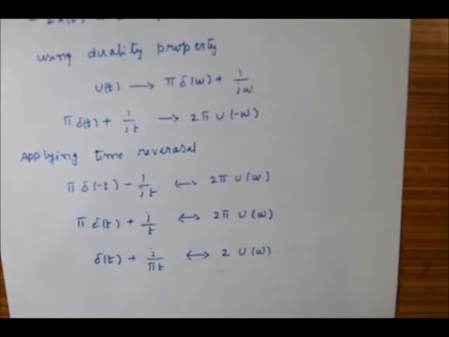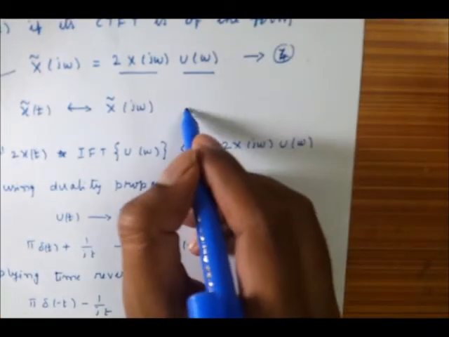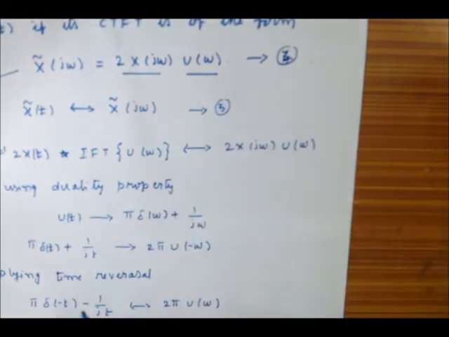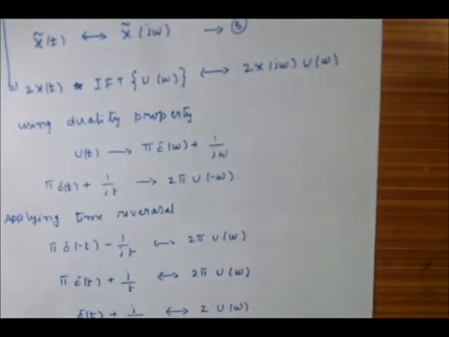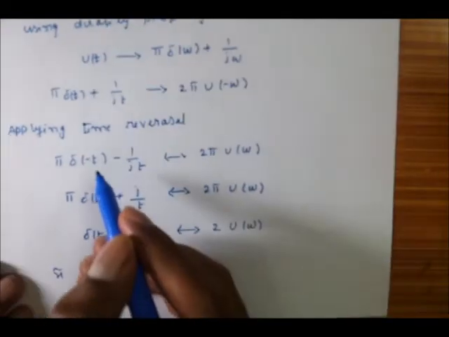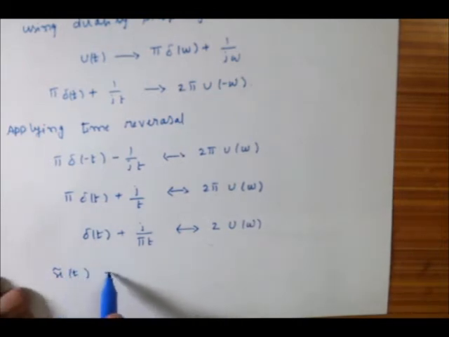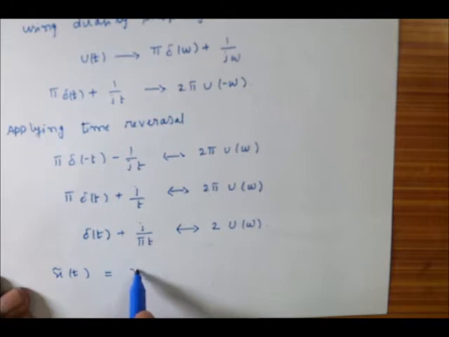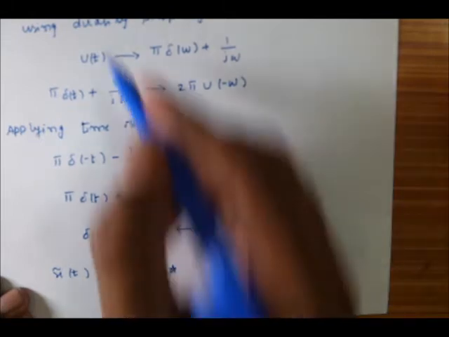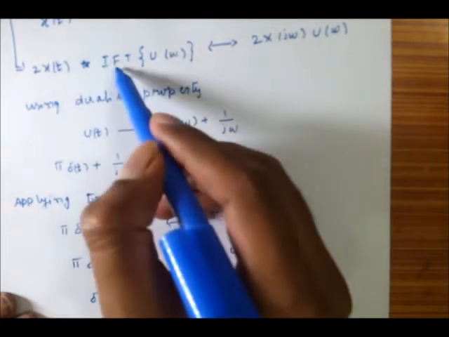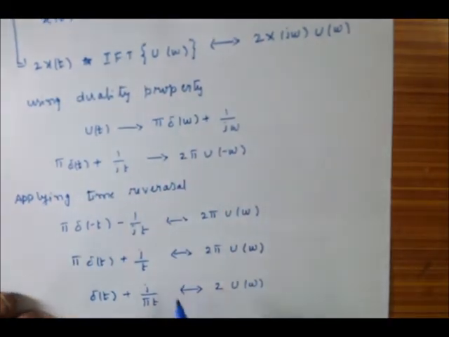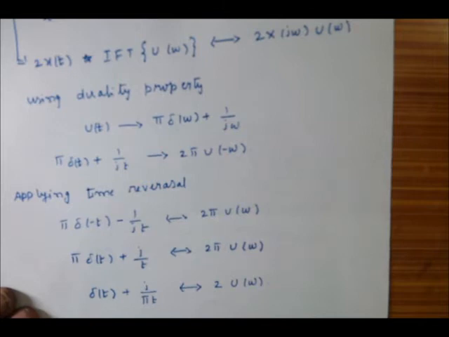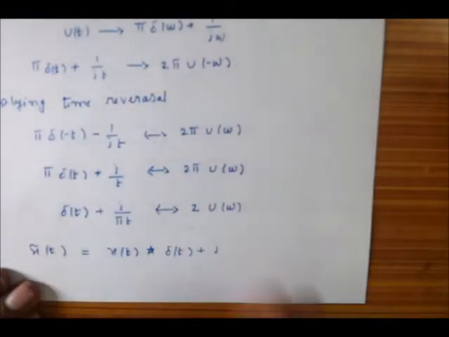Now again let us come back to equation 4. Let me call this equation 5. So we have got x tilde of t equal to x of t convolved with, since 2 into u of omega has inverse Fourier transform delta of t plus j by pi t.